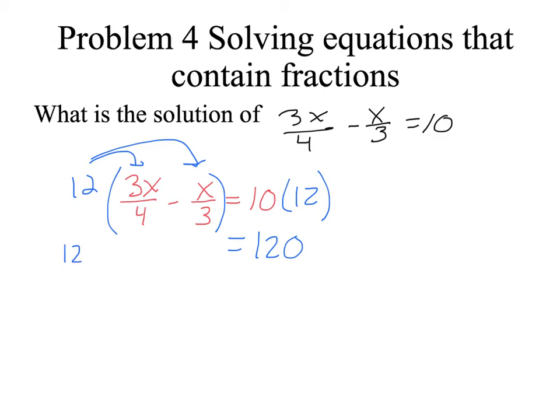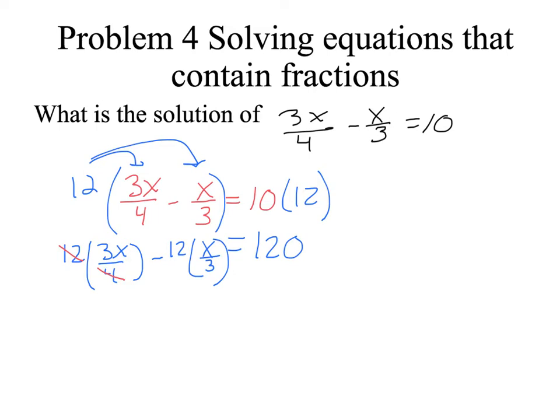If I do 12, then I'm going to have 3x over 4, and then I'm going to have minus 12 times x over 3. All I did was just do the distributive property. So now, when I do 12 times 3x over 4, see how 12 and 4 can be simplified. They both share a common factor of 4.